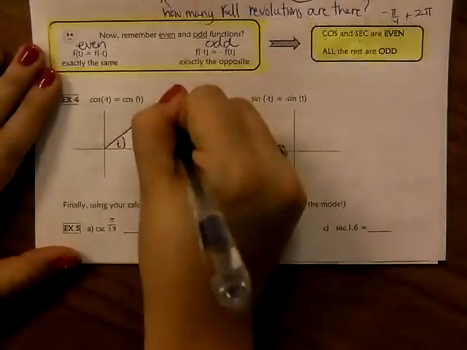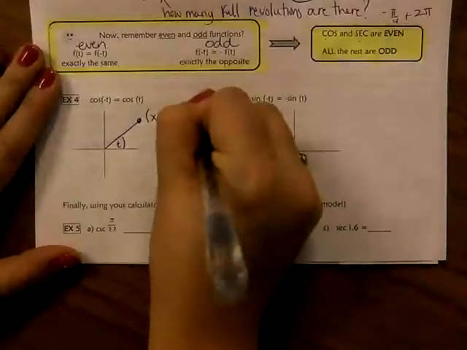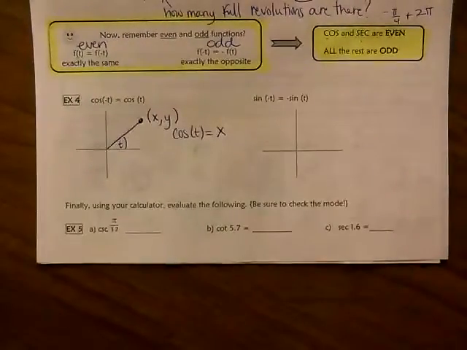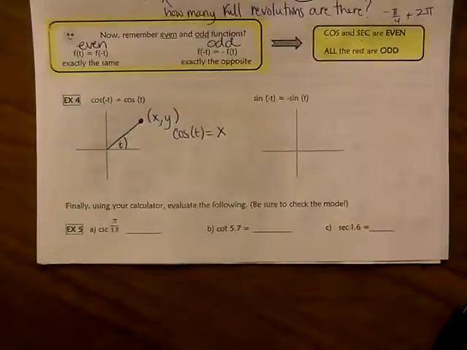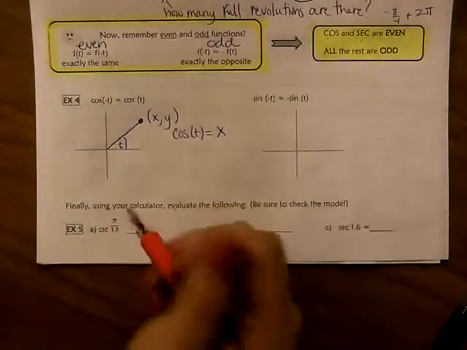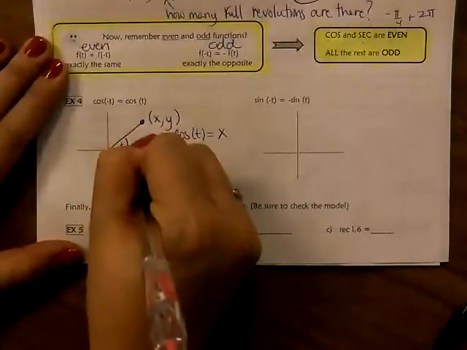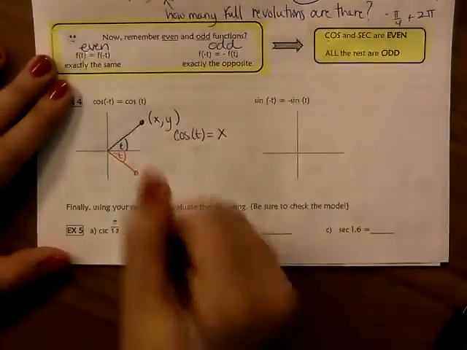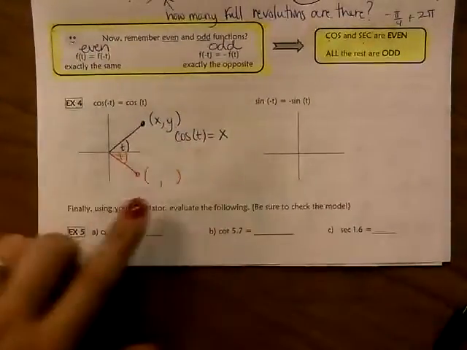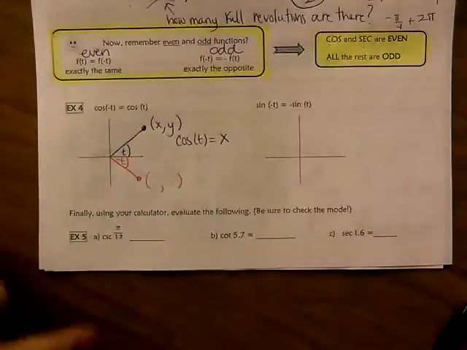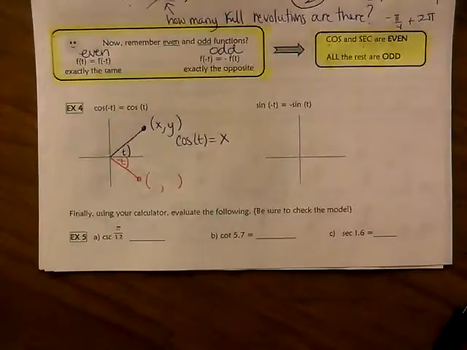So that means that in this situation, the cosine of t, the cosine of whatever angle this is, is equal to x. Okay, so now, if this was 40 degrees, now let's look at a negative 40 degrees, or a negative t. What would this coordinate be? It's just a reflection, right? Because I'm just going backwards the same amount.